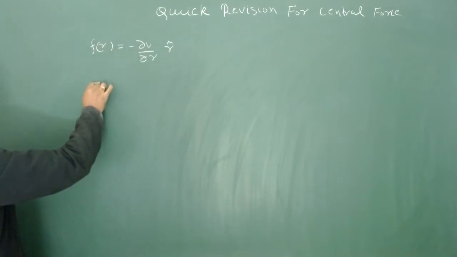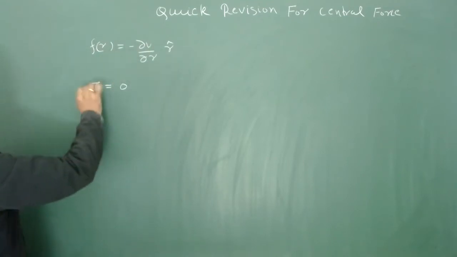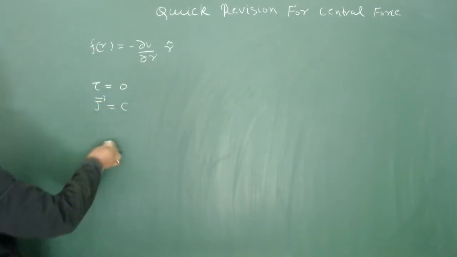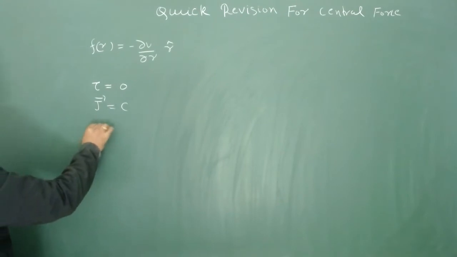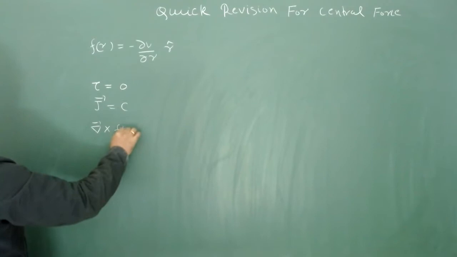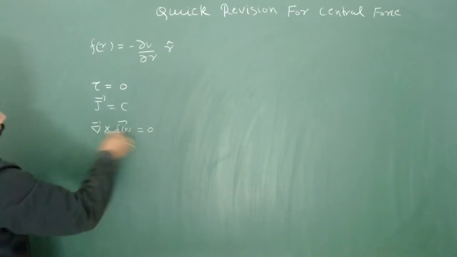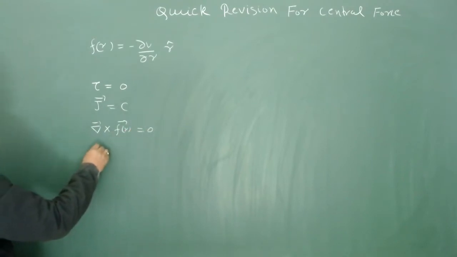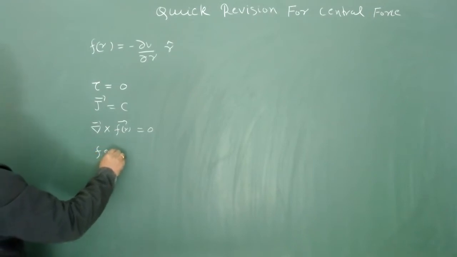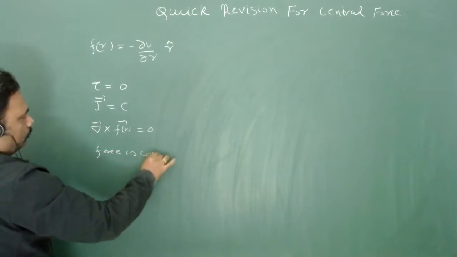Then your torque is equal to 0. Hence your torque is 0. Angular momentum is conserved. And we can also check whether del cross F is also 0, so your force is conservative.